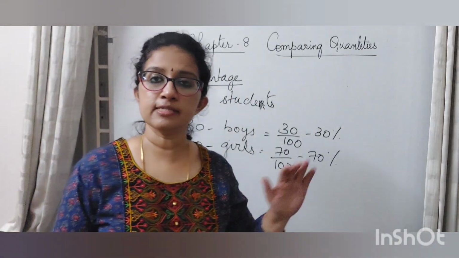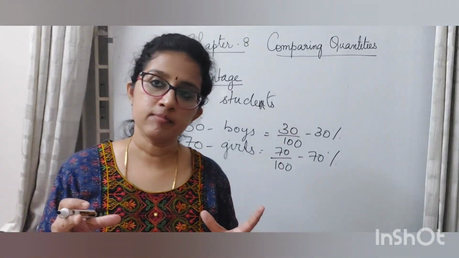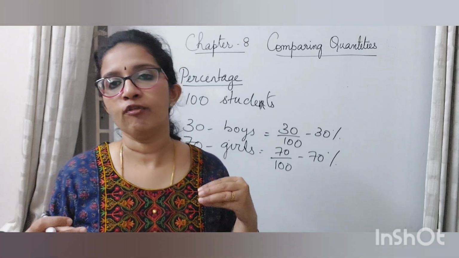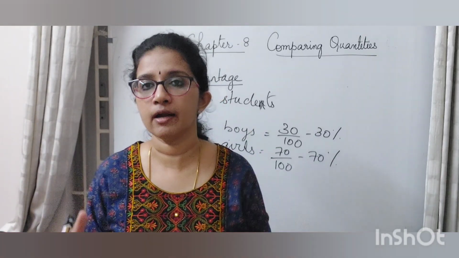Now this is when they have given out of 100. Sometimes there will be cases where the total number of things are not 100.